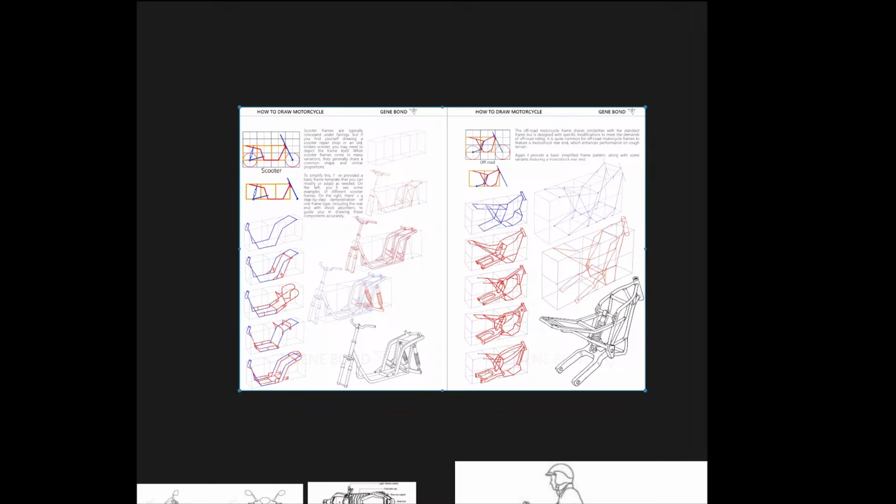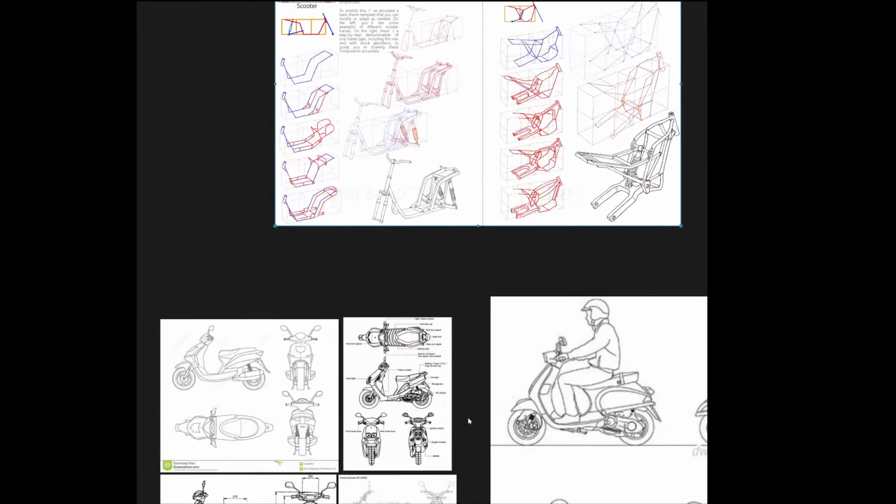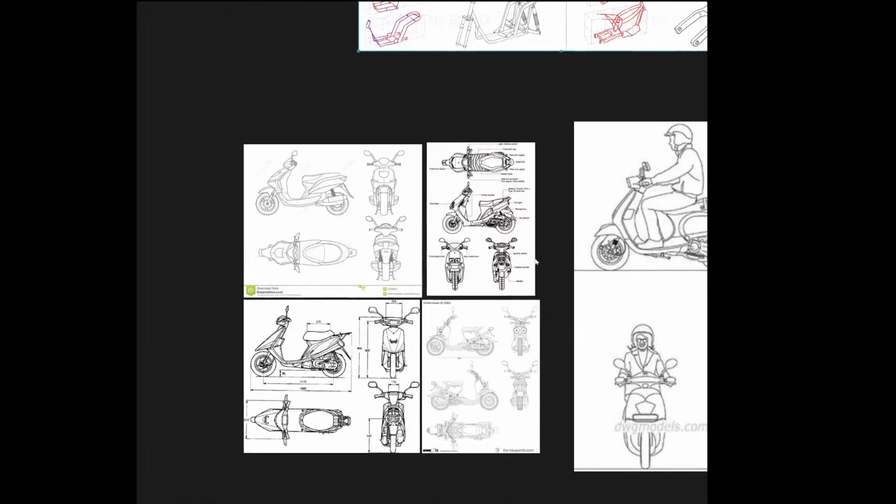I want it to be super informative, give all important information for artists, so you don't need to search the internet, you don't need to buy a lot of books if you feel a lack of information, when you don't know how an engine works, what is the structure of a typical engine, how many types of engine in motorcycles, what kind of front forks, rear forks, a lot of interesting nuances, which if you know them, really just make you more literate.